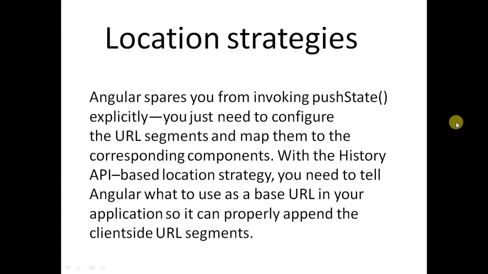Now, location strategies. At any given time, the browser's location bar displays the URL of the current view. A URL can contain different parts. It starts with a protocol followed by a domain name, and it may include a port number, parameters that need to be passed to the server after a question mark.